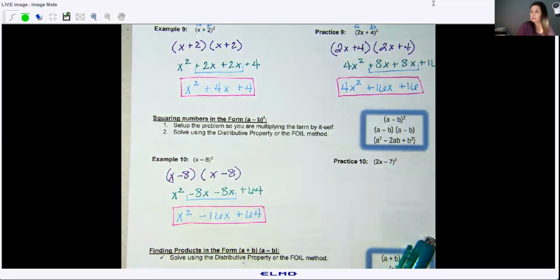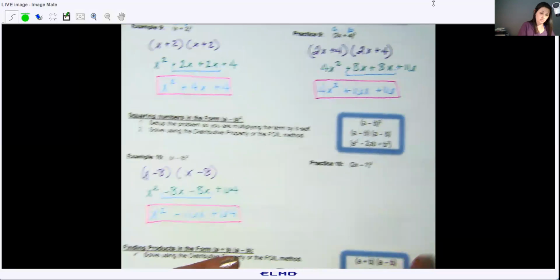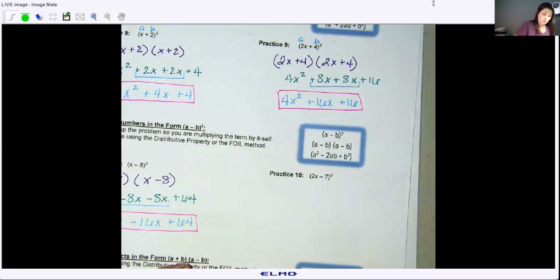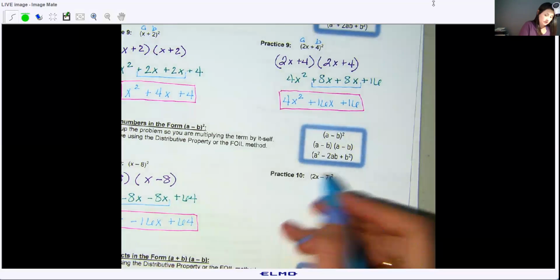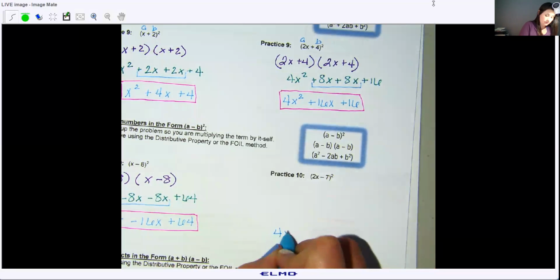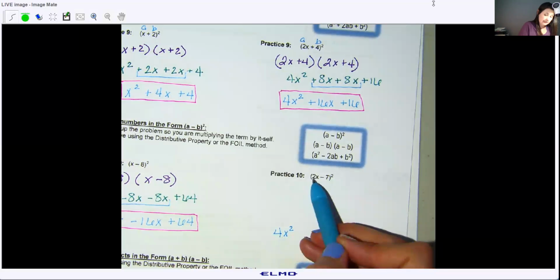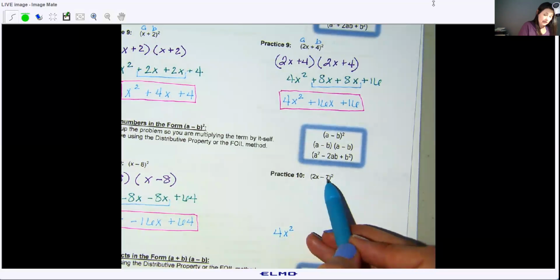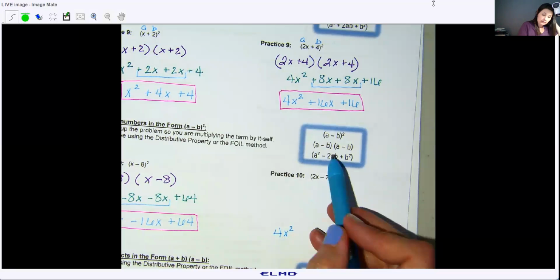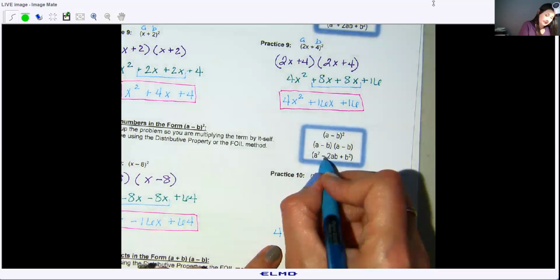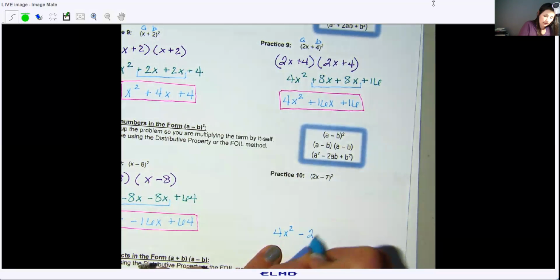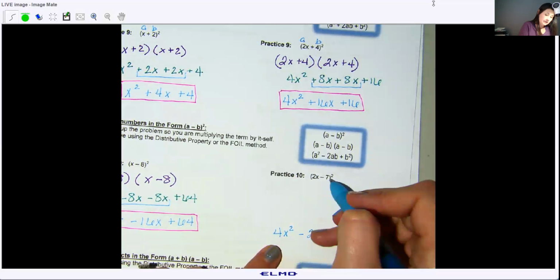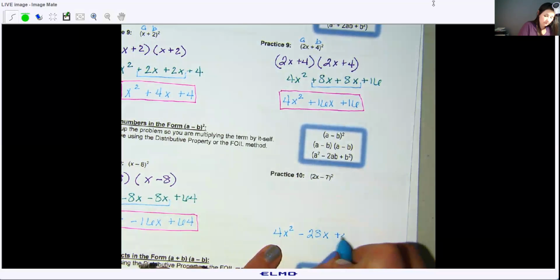So let's look at this next one and see if we can predict what our answer is going to be based on the rule. I'm going to take this and square it, and so I end up with 4x squared. 2x times 7 is 14x, and when I double that, I get 28, and this is going to be subtraction, so minus 28x. And then negative 7 squared is 49.